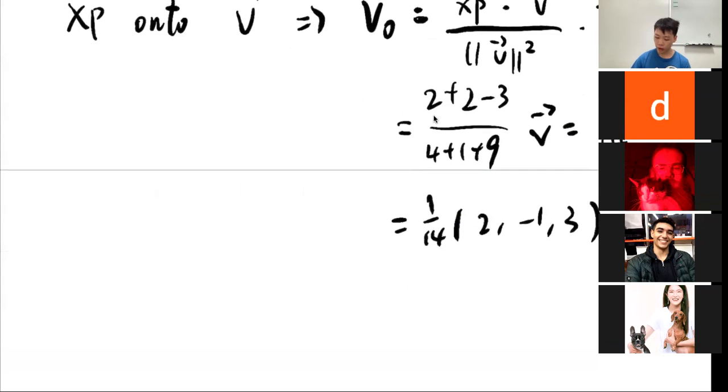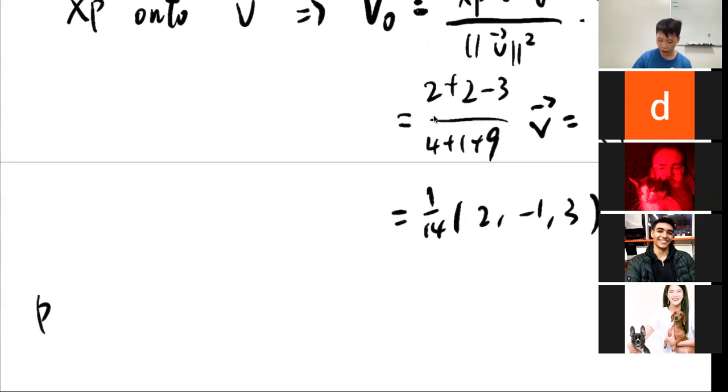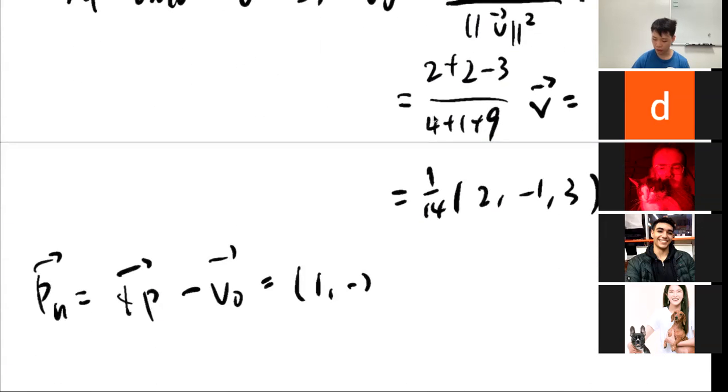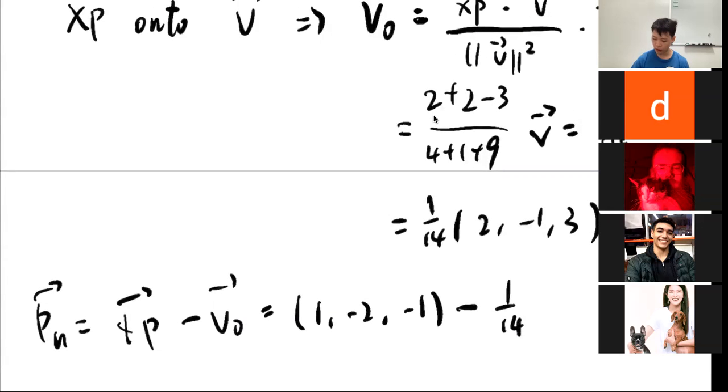Right? So now we have a projection, so we can easily find the normal component, which is Pn equals XP minus V naught. So XP is (1, -2, -1), minus this component 1/14 of (2, -1, 3).